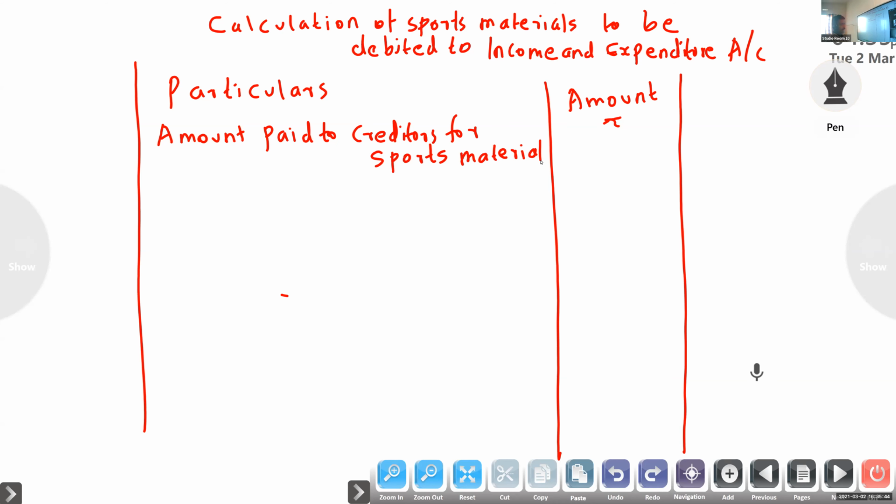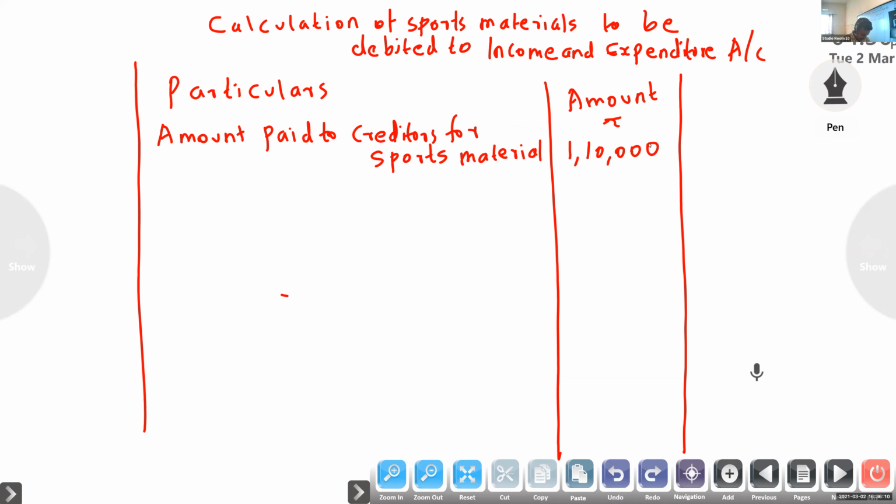How much amount is given? Amount? 1,10,000. Yes, 1,10,000.